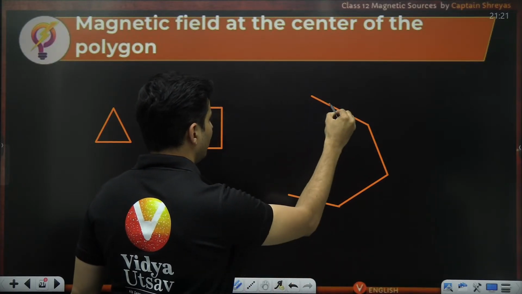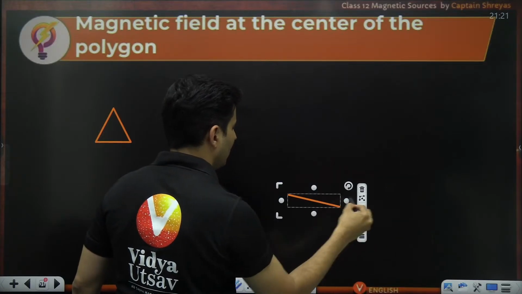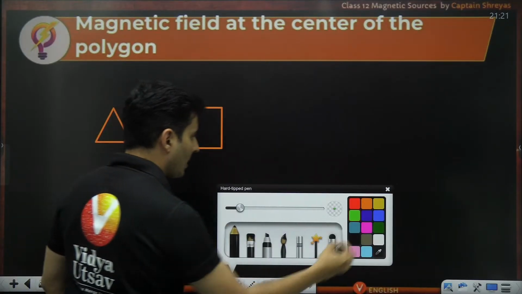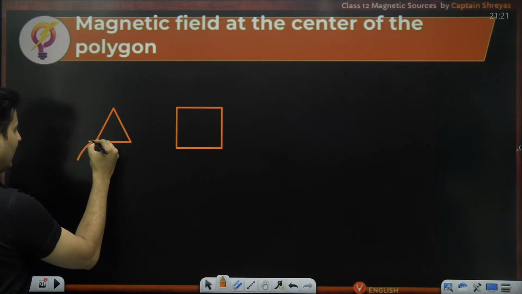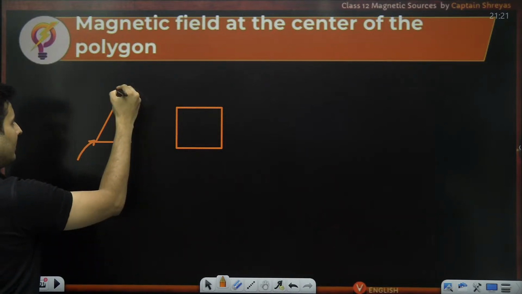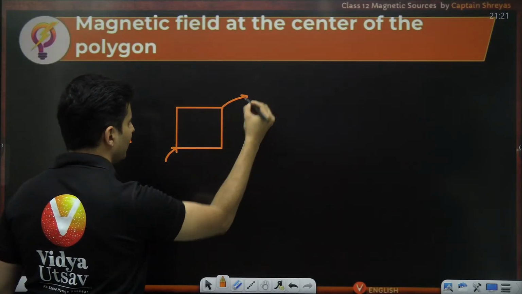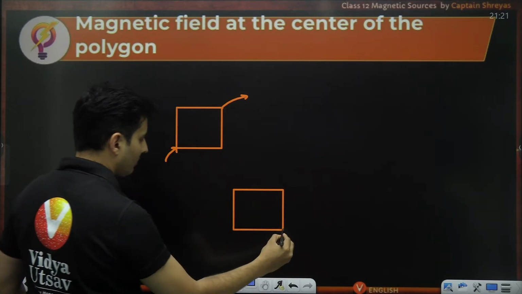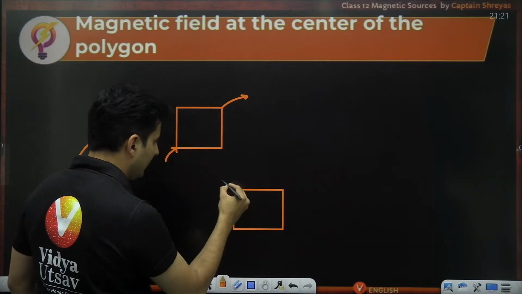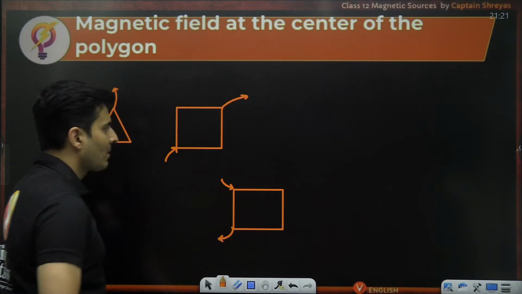Imagine the current enters like this and leaves like this, or let's say the current enters like this and leaves from here.